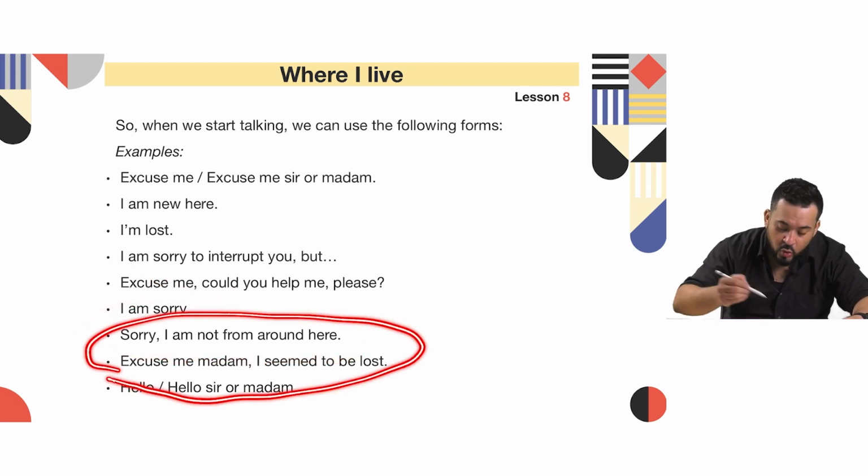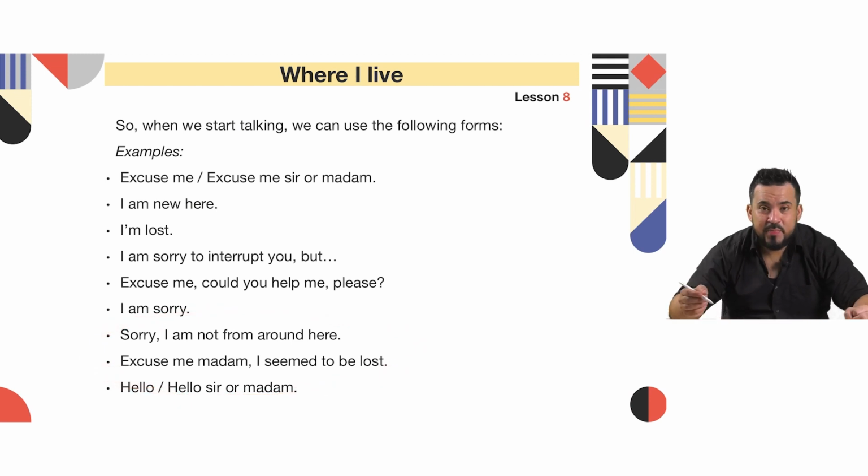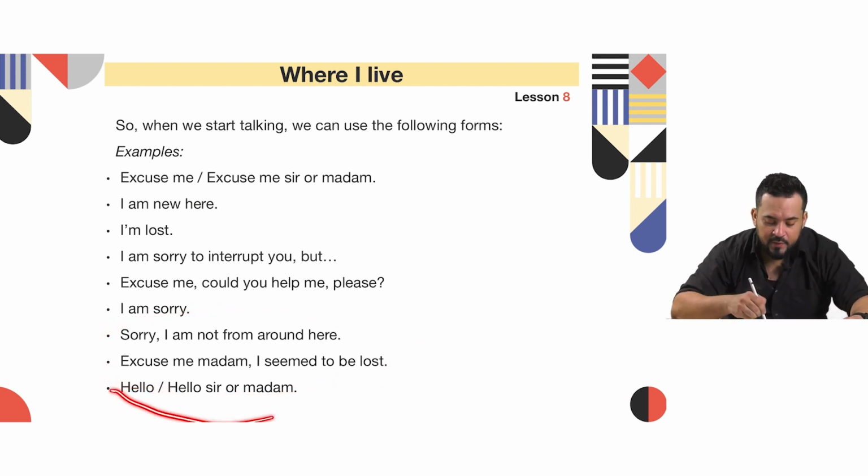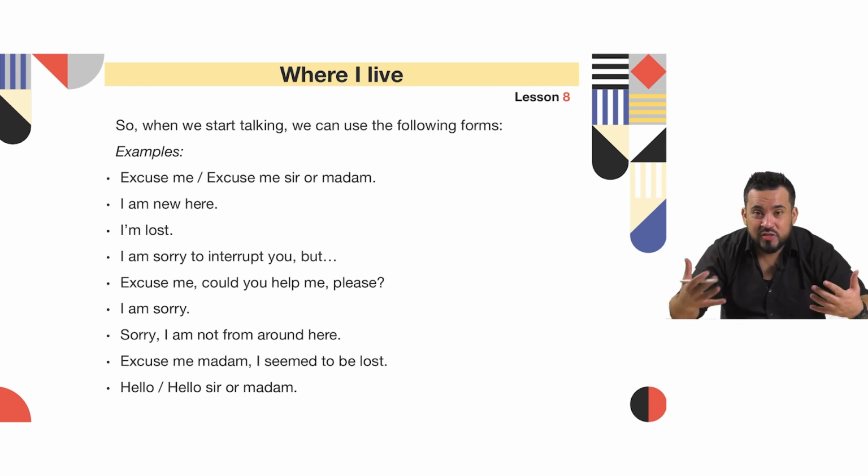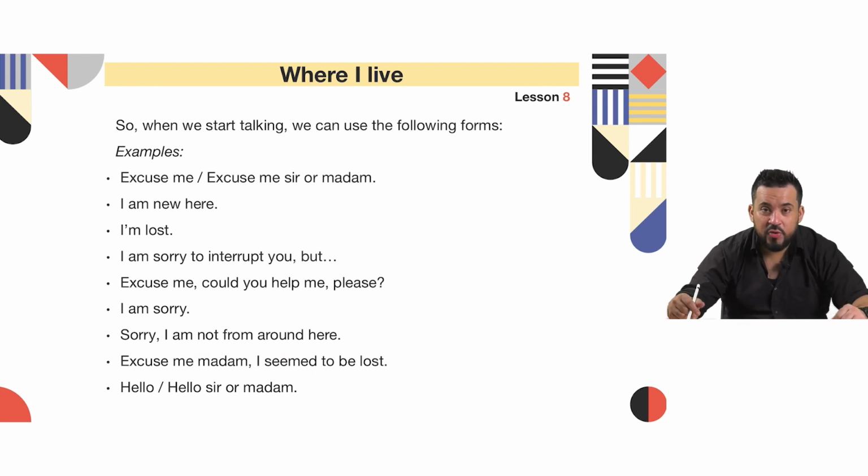Excuse me, madam or sir, I seem to be lost. Hello, sir, or hello, madam. So these are how you start the conversation before you ask for directions. You can use any of these to start a conversation, to get someone's attention.